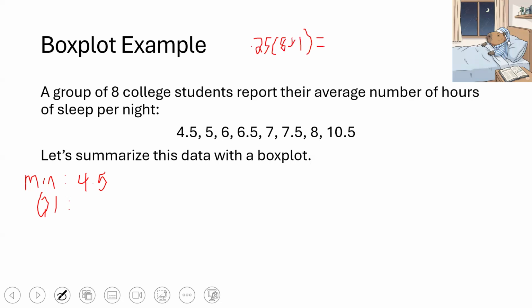So 0.25 times 9 is 2.25. So 1, 2, so we're going 5 plus 0.25 times 6 minus 5. That's a 1, so that's 5.25.